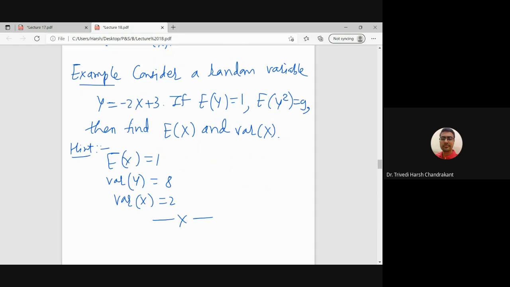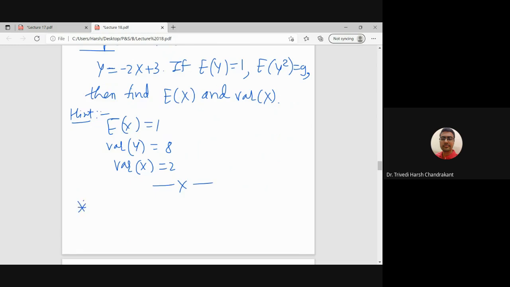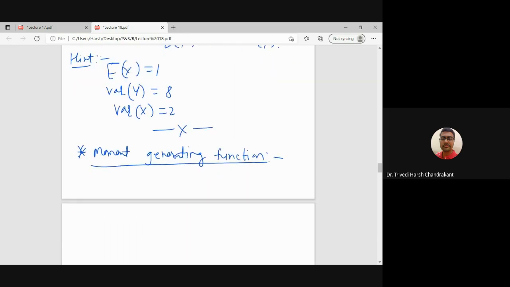Okay. So today we want to discuss the moment generating function. We know that if we are given the random variable x, we can create a new random variable y in terms of x.